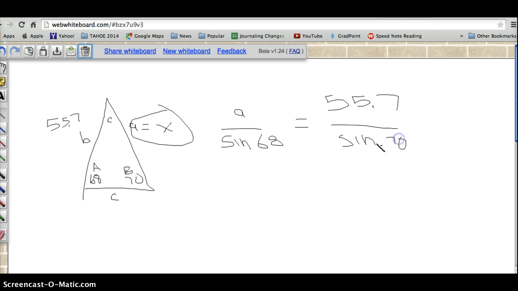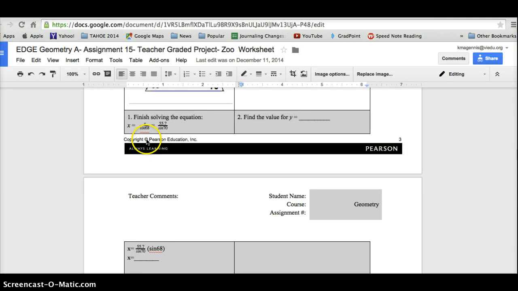Oops, I need to put a dot there. So you see now, I set the proportion, and now I want to solve for x.